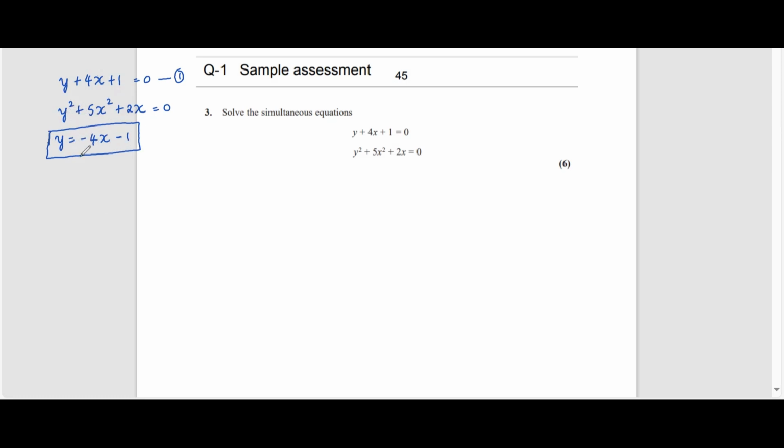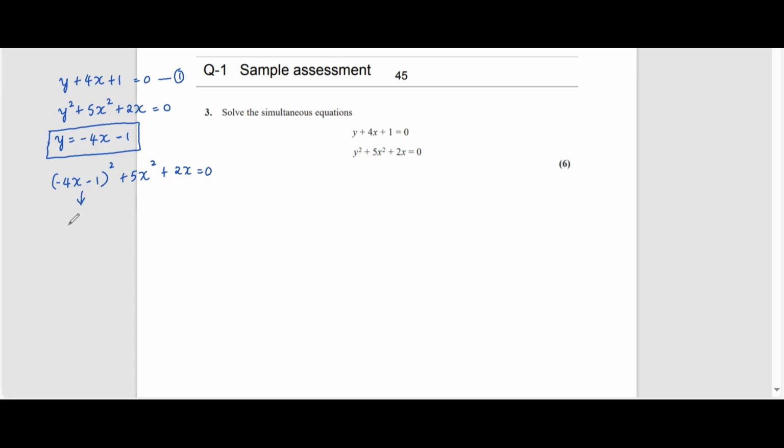So y² will become (-4x - 1)² + 5x² + 2x = 0. Now this portion, (-4x - 1)², we can expand by multiplying the brackets.